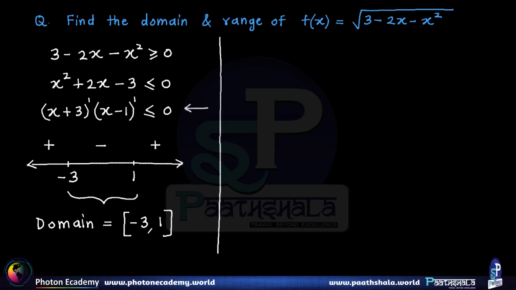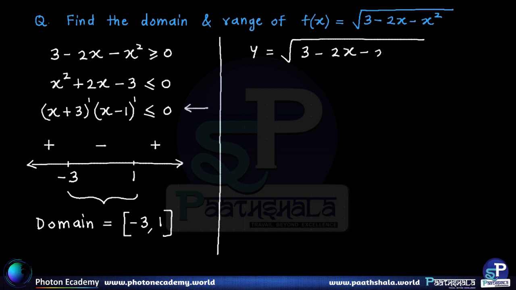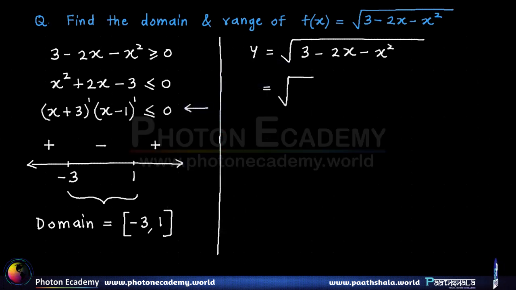Now let's see how to find the range of the function. So let's rewrite the function, that is 3 minus 2x minus x square. Now here we try to complete the square inside the square root. So 3 minus x square plus 2x.